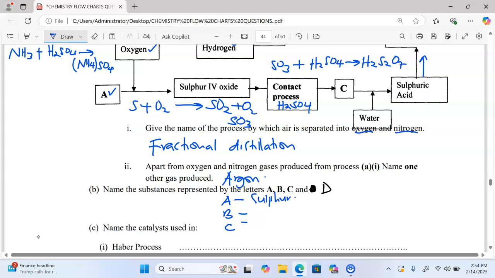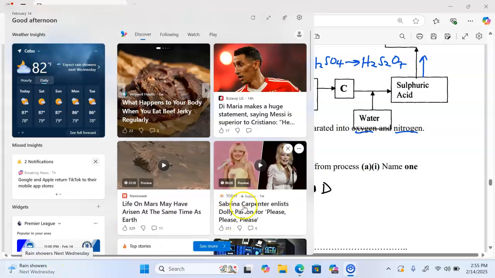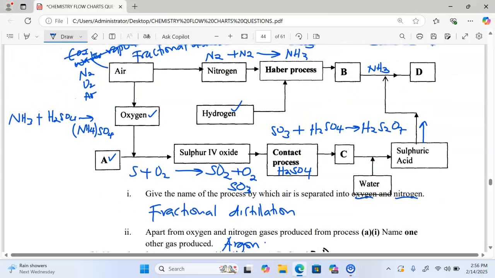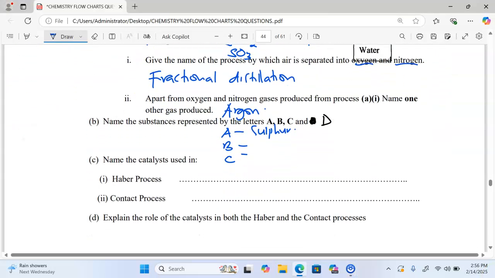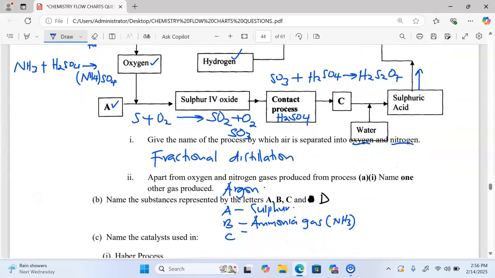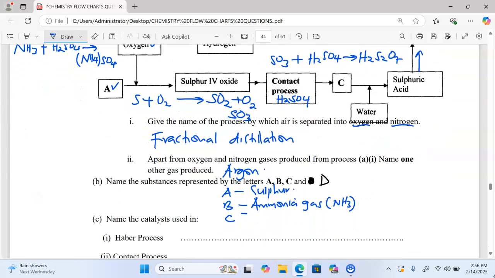We have substance B, which is ammonia gas. C is oleum. That one has been worked out already.